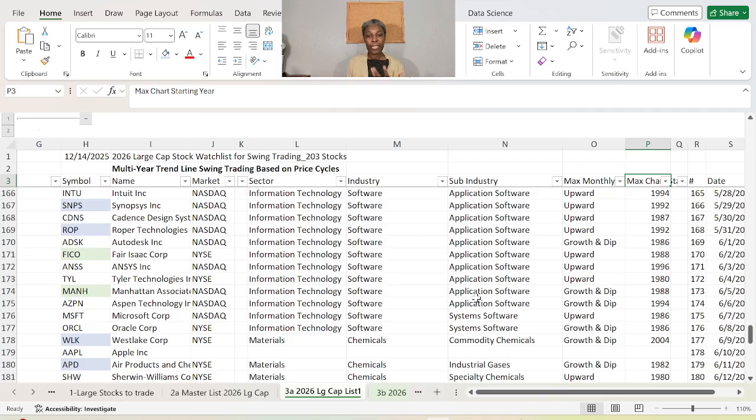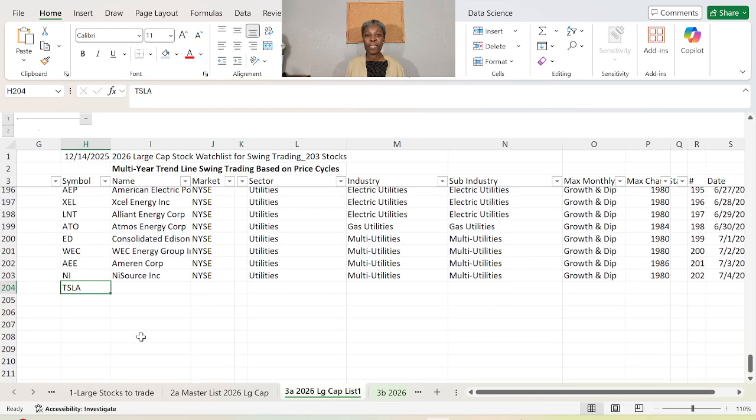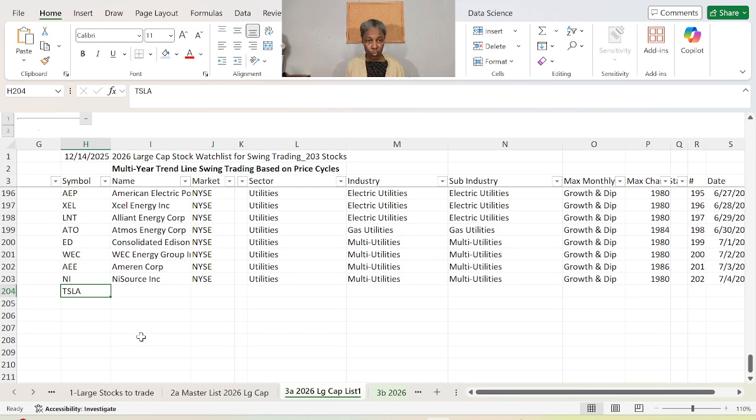So, for instance, that kept Tesla from my list for the past 2 years, and this year I added it, thanks to you who asked me to review Tesla, if that's a stock I will swing trade. And yes, that's a stock I will swing trade. And that's a stock that the only thing that kept it from my watch list was that it was too young.